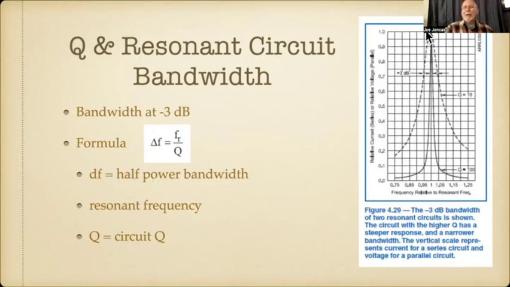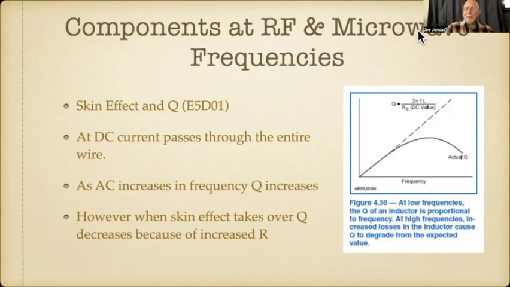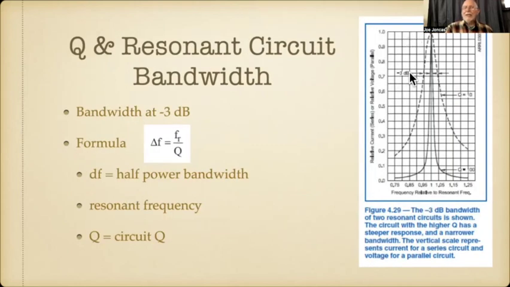If you start up here and this is 100%, and you go down 3 dB, which is half the power, from here down to here, minus 3 dB. Remember that? That is so slick. Anyway, when you're talking about resonance, you're usually talking about minus 3 dB.